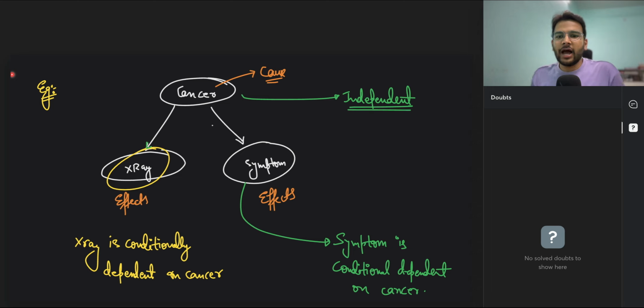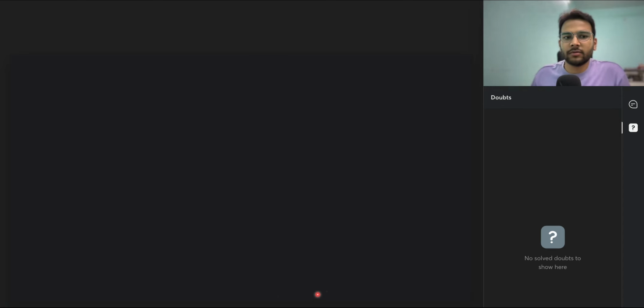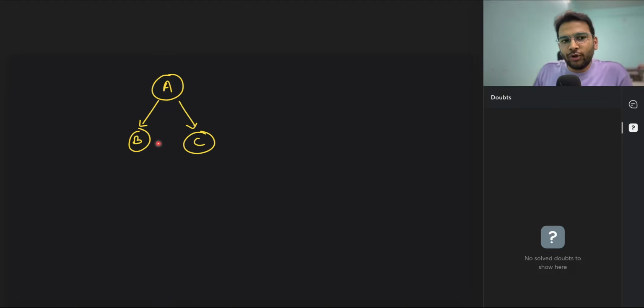Okay. And what can I say about the conditional independence? Do you remember what is conditional independence, everyone? What is conditional independence? So I told you, I can say these two variables, these two effects, or these two random variables are conditional independent given A, right?